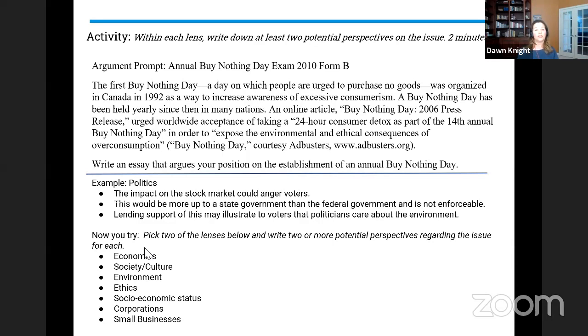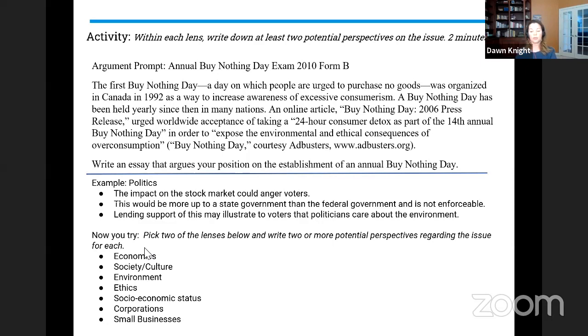What I'd like you to do is when you look through those different perspectives, maybe put a plus sign where you see that there might be a perspective that's supporting the Buy Nothing Day, and a subtraction or minus sign to illustrate where they would not support the Buy Nothing Day.